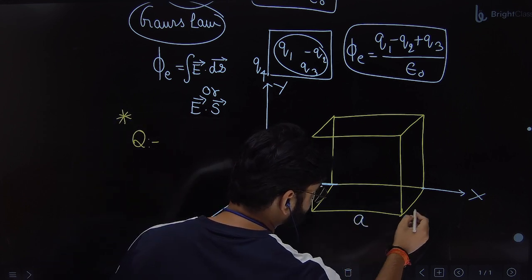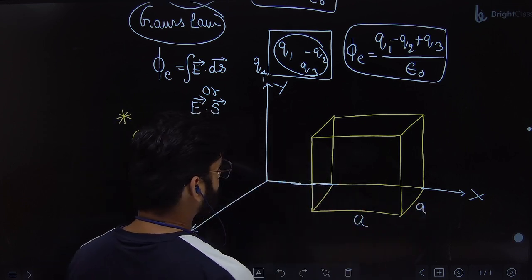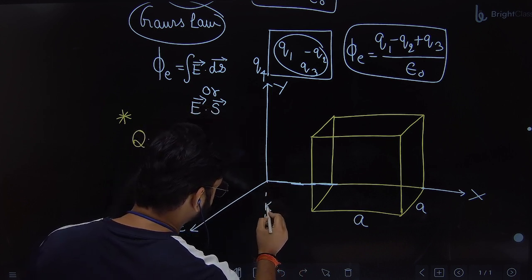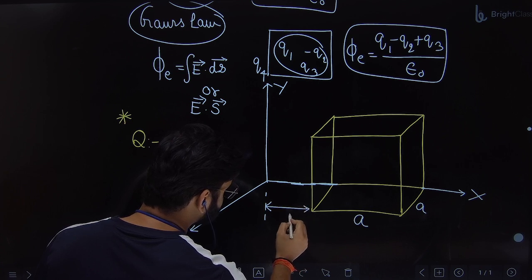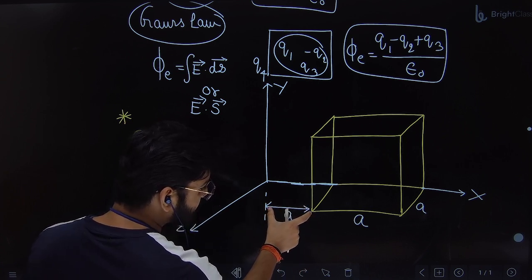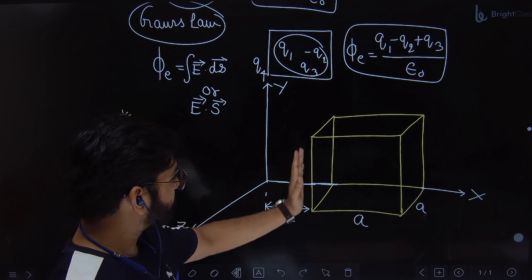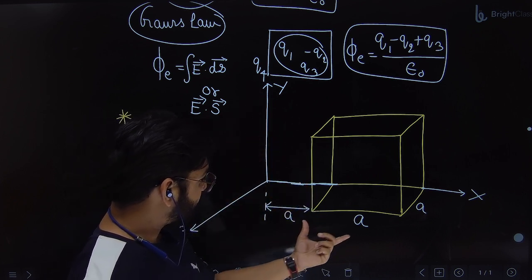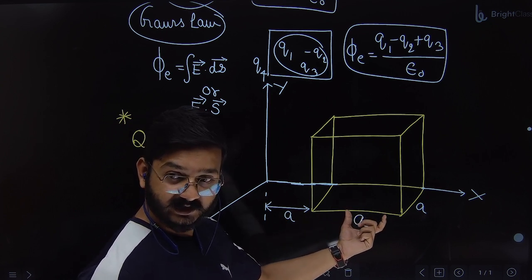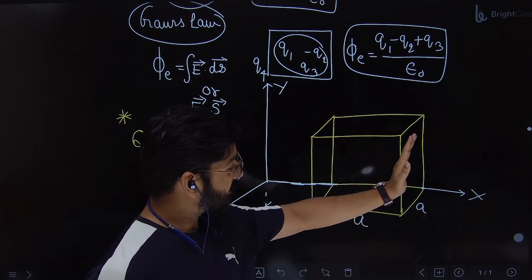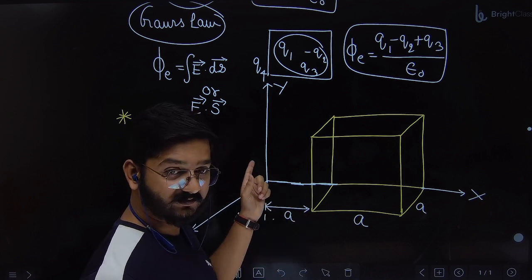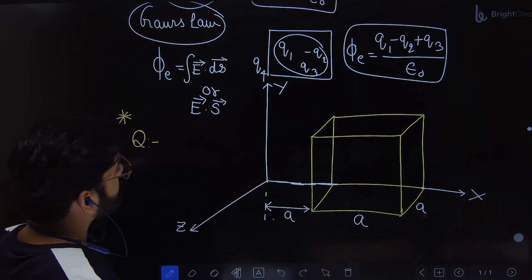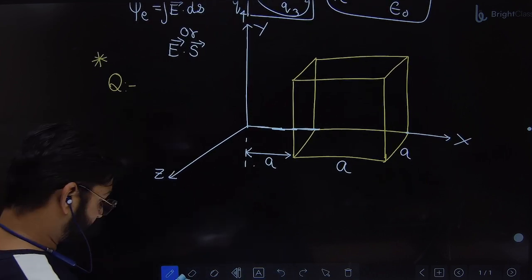The side of the cube is A. The distance from here to this side of the cube is A, so the cube is present at a distance of A from the y-axis. And this distance is also A, so A plus A, 2A. So the next side of the cube is present at how much distance from the y-axis? 2A. So this much is given in the question itself, the dimensions.